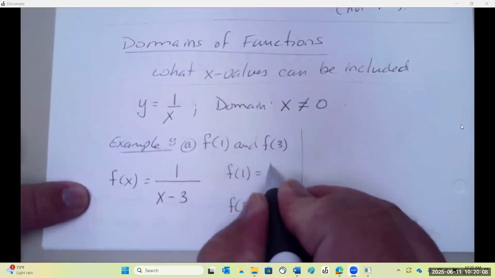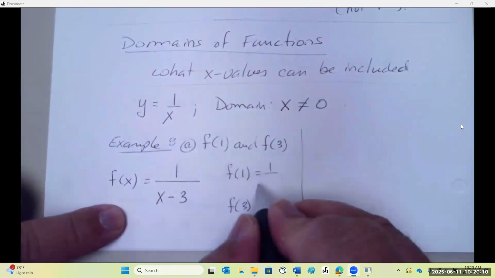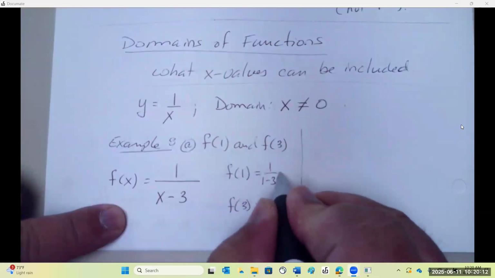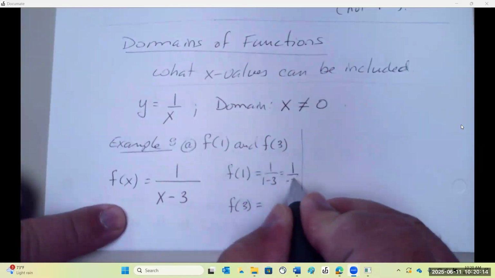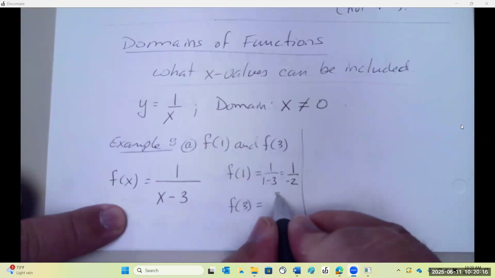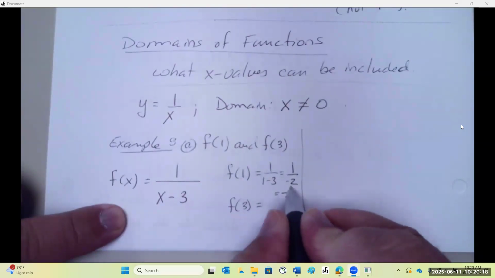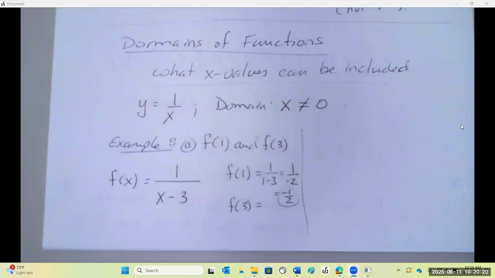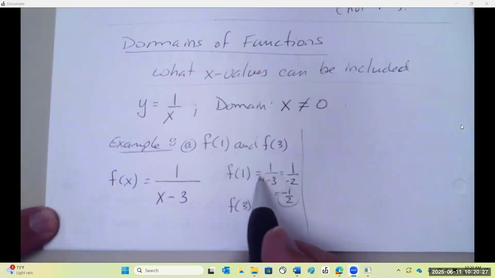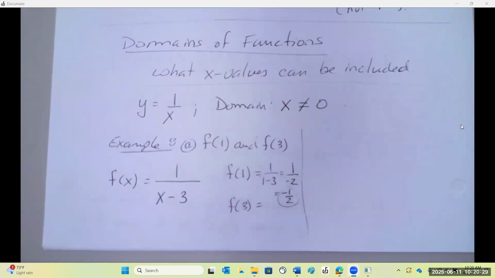Because on top we have a 1. And if we put a 1, we have 1 minus 3. That's 1 over negative 2. So the answer is negative 1/2. Again, don't take shortcuts. Write it down, work it out. How about F of 3?